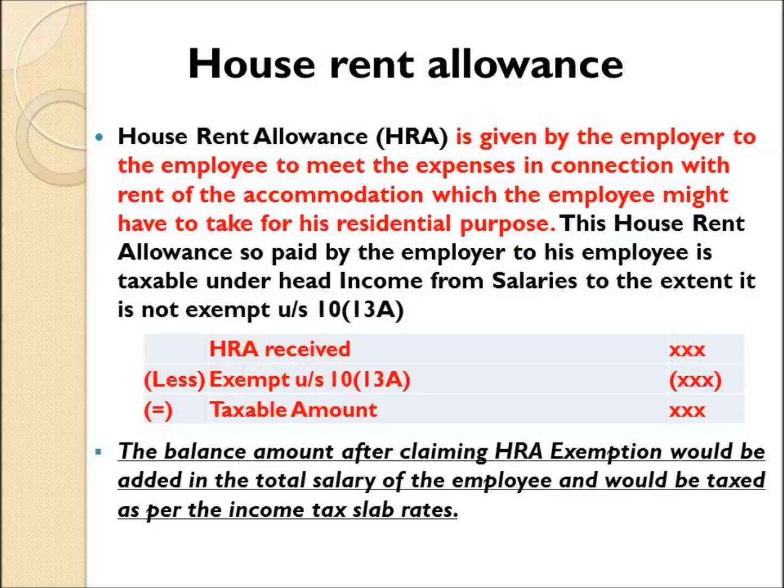So this house rent allowance, that is the money which I am getting from the employer to meet the rent expenses of my accommodation, is taxable under the head income from salary to the extent it is not exempt, meaning that the Income Tax Act has provided that up to some extent this HRA will be exempted and will not be included in the total income of the employee, and the remaining part after exemption will only be taxable.